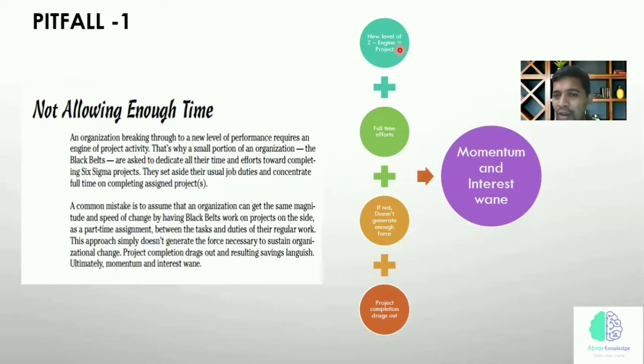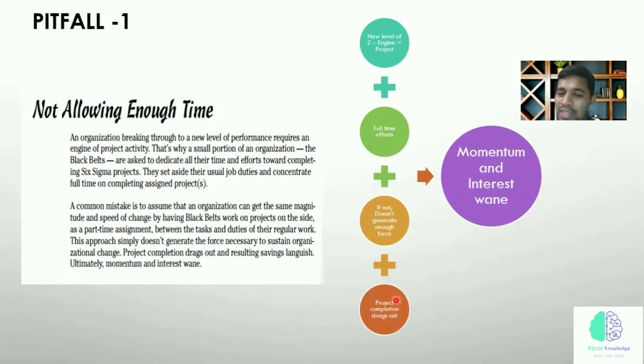To do that, we have to pick up resources, pick up a green belt or black belt, and put in full time effort. Why should we do that? If we are not doing it, what will happen? It doesn't generate enough force, so we will not be able to complete the project on time, and project completion can tend to drag out.